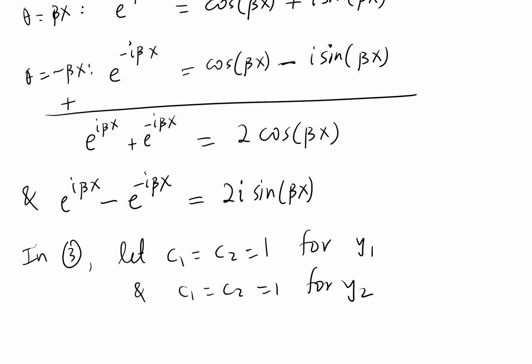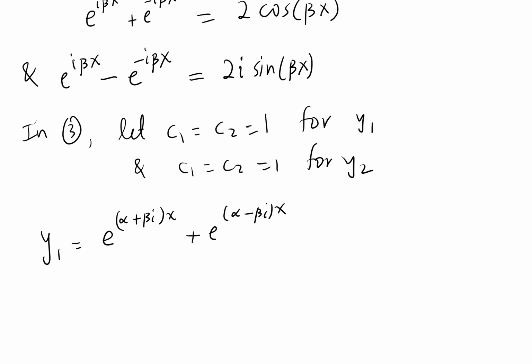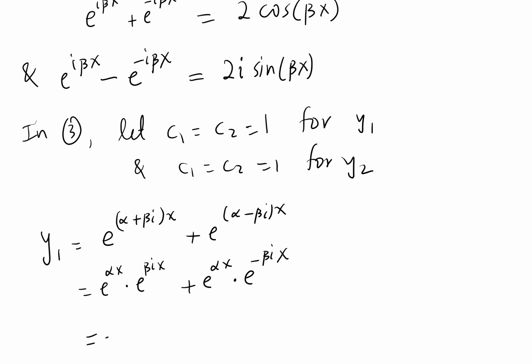So y1 is e to the alpha plus beta i x plus e to the alpha minus beta i x, no more C's. Rewrite it as e to the alpha x times e to the beta i x plus e to the alpha x times e to the negative beta i x. We can factor e to the alpha x out, which leaves e to the beta i x plus e to the negative beta i x.